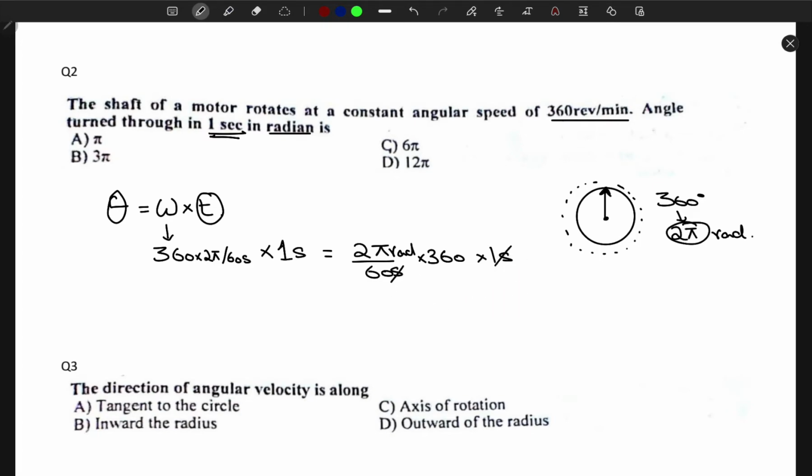So second goes with this, and we are left with 360 multiplied by 2 pi divided by 60. So that's 1 and that's 30, and the 0 goes with this, and this is simply 12 pi radians, right? So that's option D. So that's the correct option.